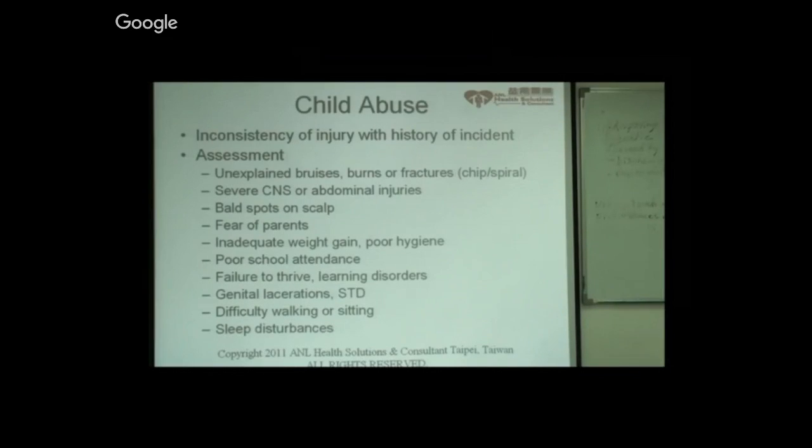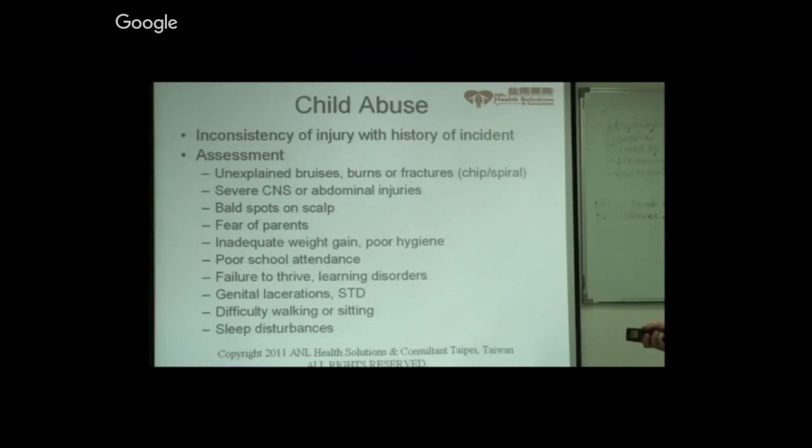What else? When you put the child in front of the parents, they fear the parents. They don't want to get close to that parent. Then you will see inadequate weight gain and poor hygiene in the child. Poor school attendance, so the child is always absent from school. Failure to thrive and learning problems.